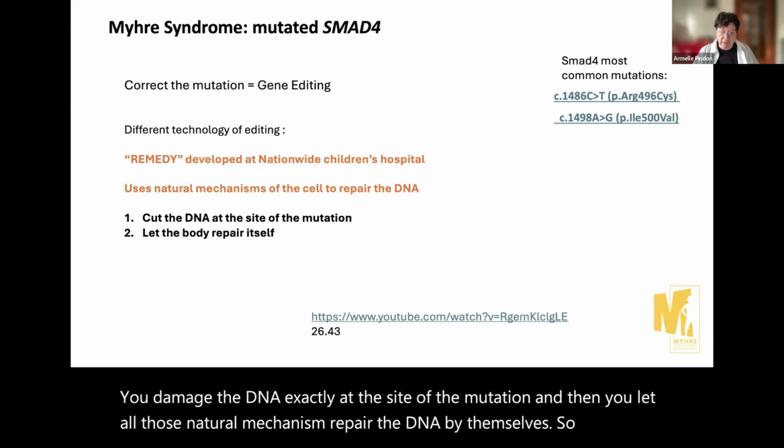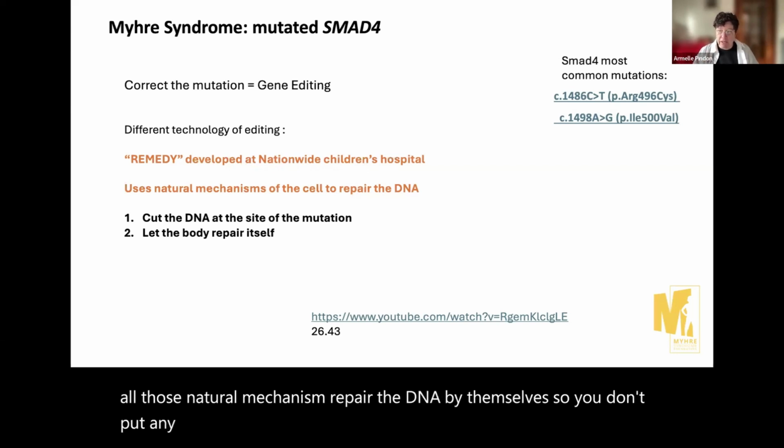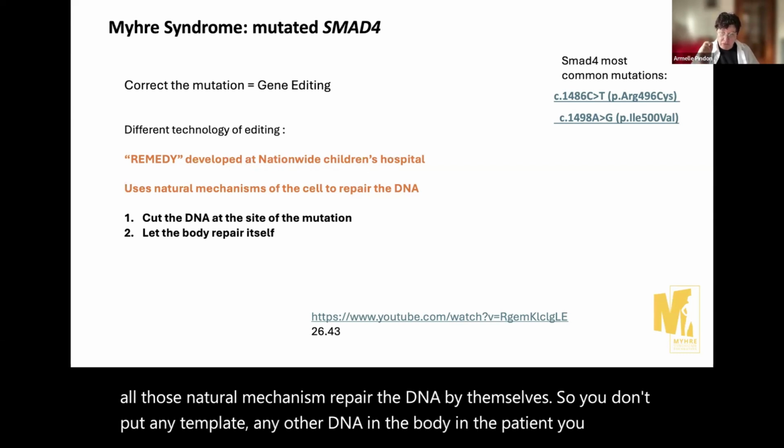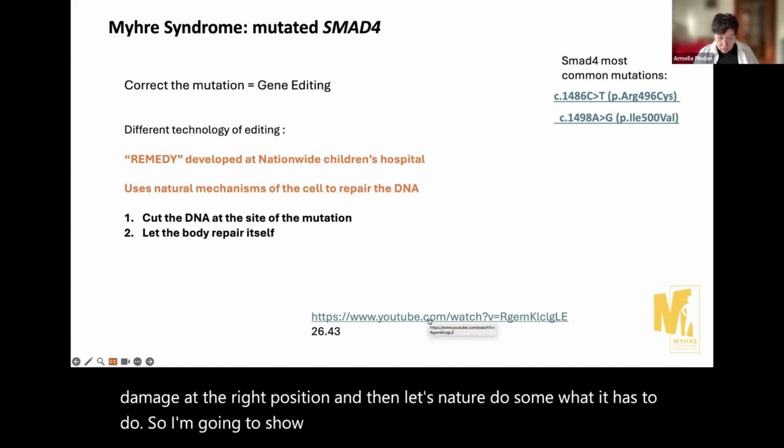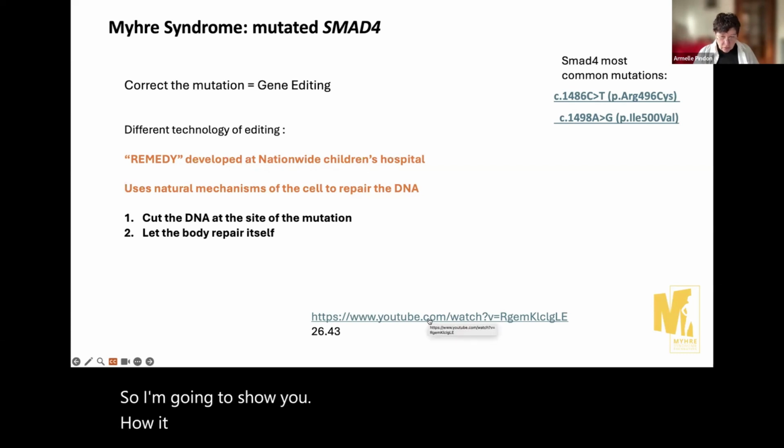So you don't put any template, any other DNA in the body, in the patient. You just damage at the right position, and then let nature do what it has to do. So I'm going to show you how it works.